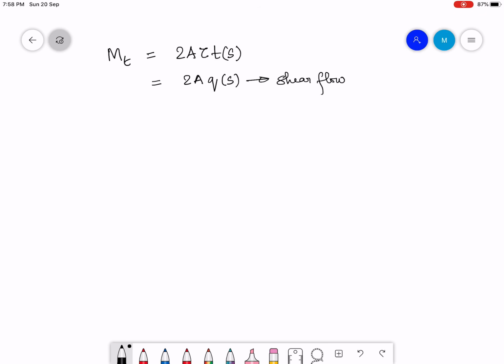Okay, now what is qs? Qs is mt by 2 into area. Okay, so mt by 2 into area.